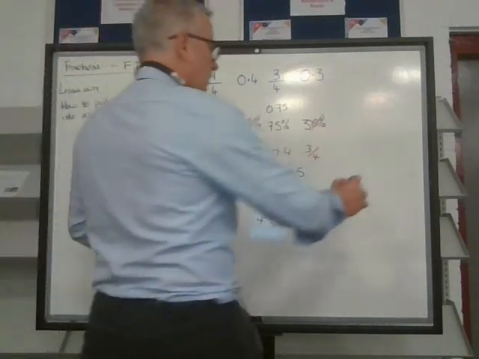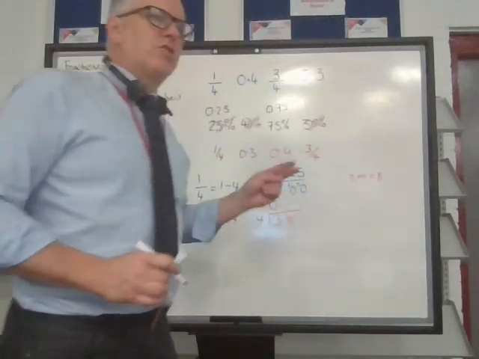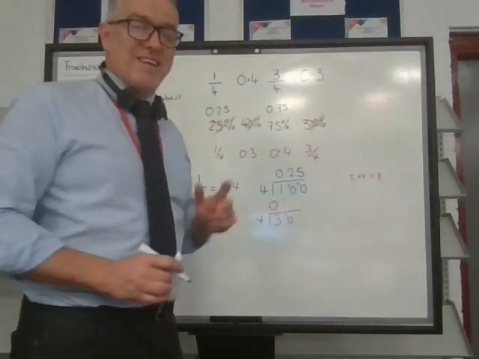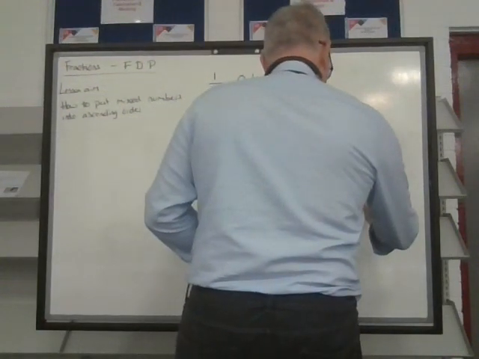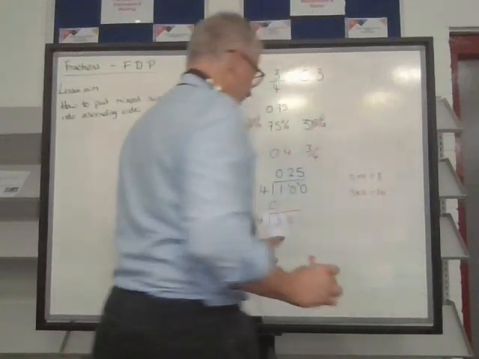Don't know your 4 times table? Well, 2 times 4 is 8. Most people know the 2 times table and the 5 times table and the 10 times table. So 5 times 4 is 20. You need to get to 30.